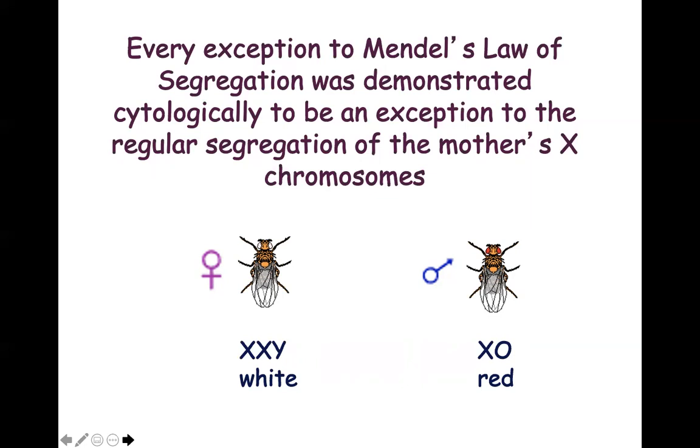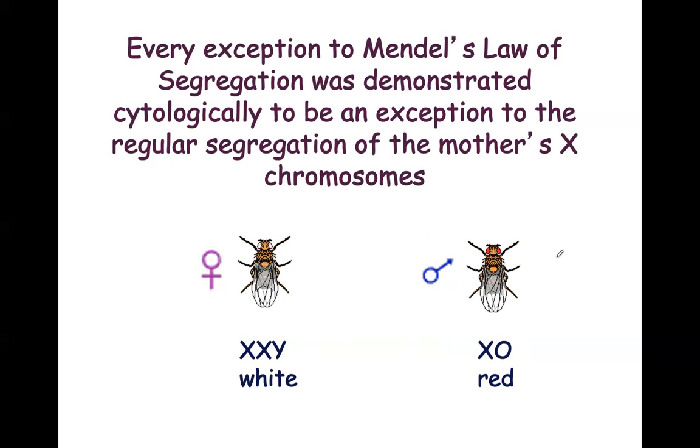What you're seeing there on the screen, these flies that were impossible. Yeah, the white-eyed female, that's the one that was impossible. The red-eyed male, that's the one that was impossible. So these guys were impossible, but there they were.